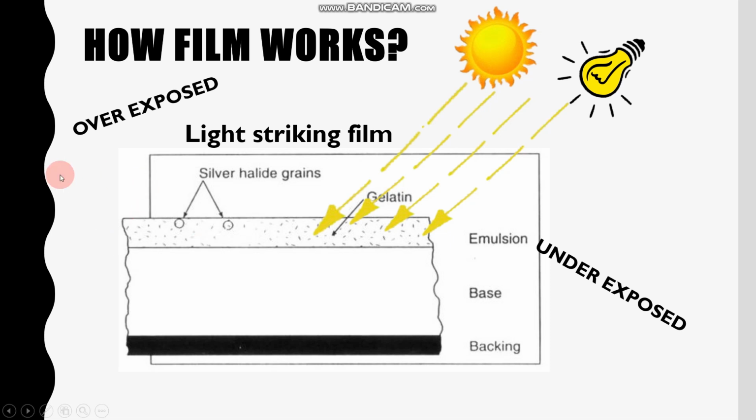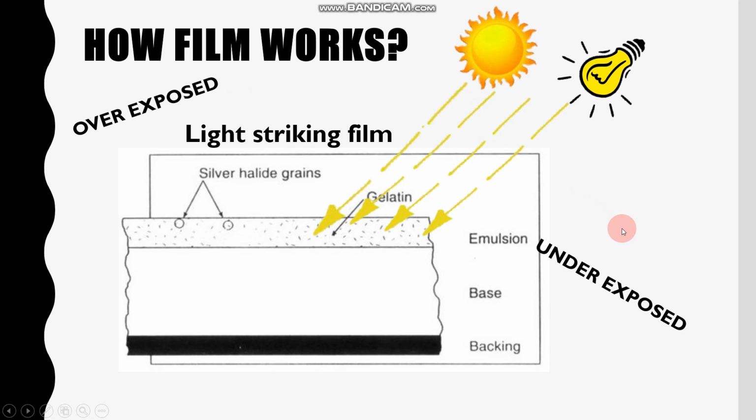Again, kapag overexposed, it's either too dark, wala ka totally makita na image at all, or too light, same lang din na wala kang makitang image at all, sobrang liwanag lang, sobrang liwanag nung negative image na nakuhanan mo or nang nag-register kay film.